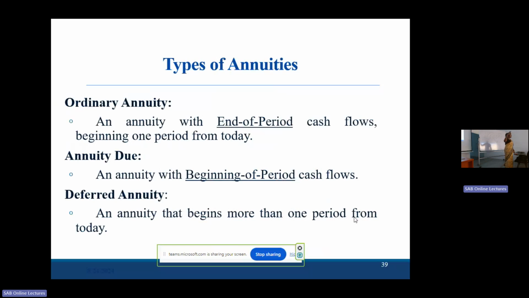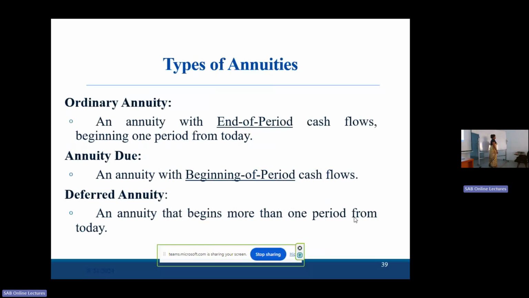There will be some grace period, and after a certain period you have to pay the compensation or charges. For the first 2 periods there is no cash flow; it occurs after a certain period. This type we call deferred type annuity.